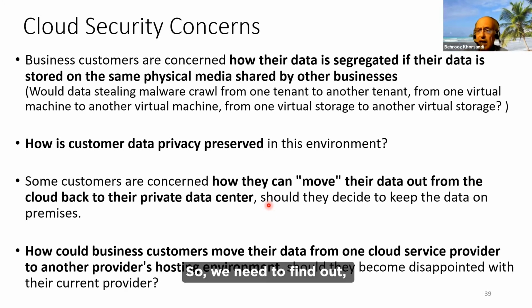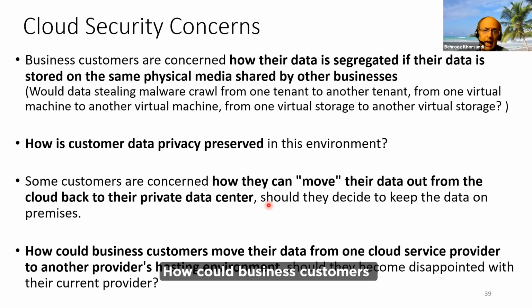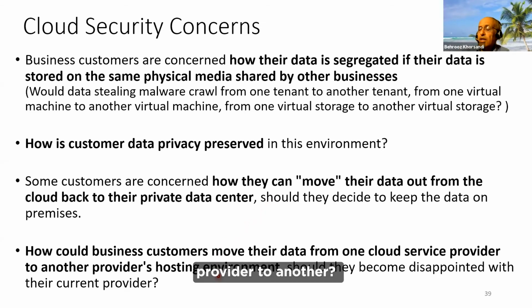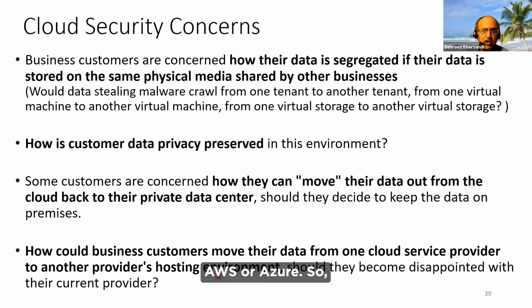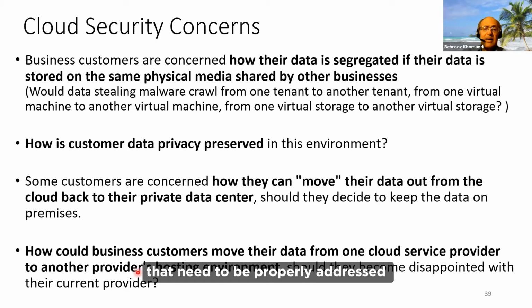So we need to find out, if you decide to do that, does that provider keep your data anymore or not? How could business customers move their data from one cloud provider to another? Maybe I got a deal from IBM that knocked my socks off and I want to move away from AWS or Azure. So these are all things that need to be properly addressed and discussed with the cloud provider.